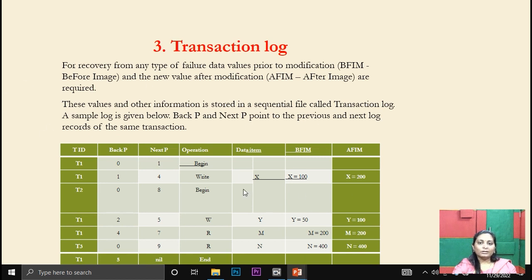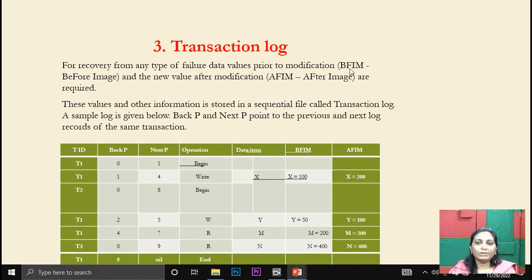After all the transactions T1, T2, T3 are completed, in the database x has the value 200, y has the value 100, m has the value 200, and n has the value 400.